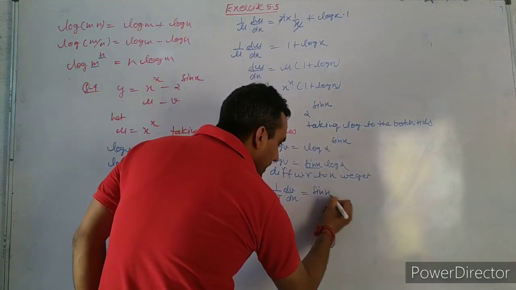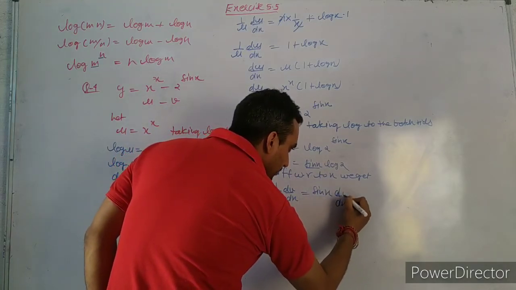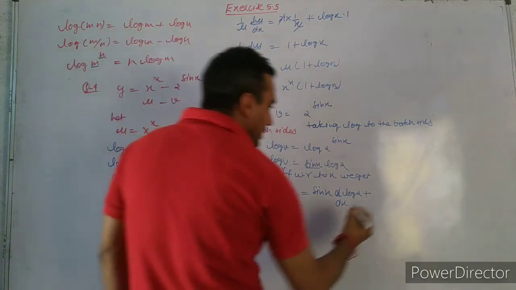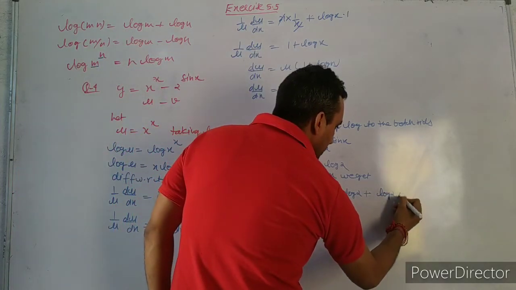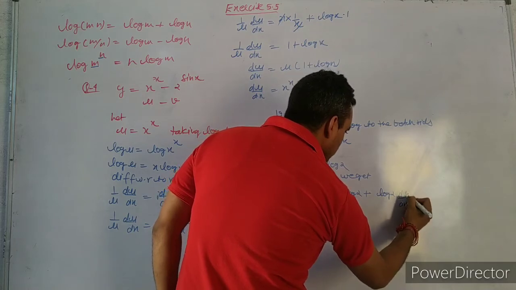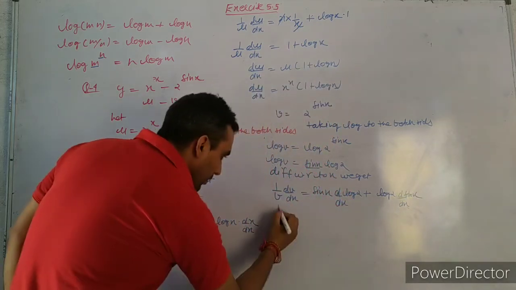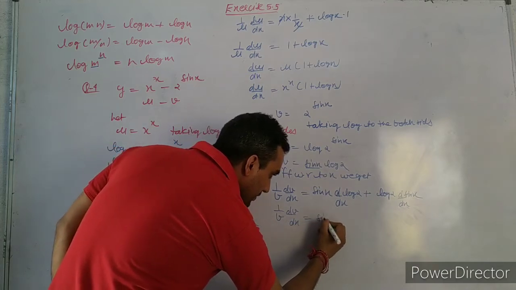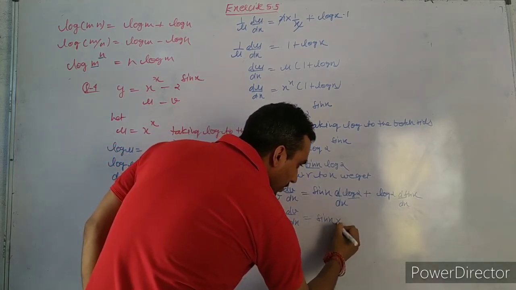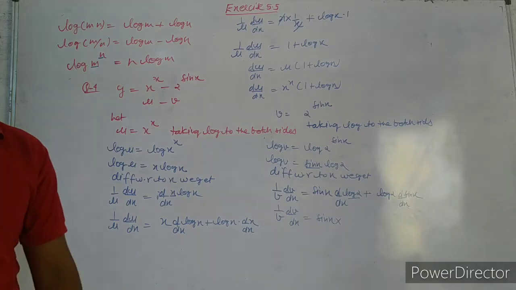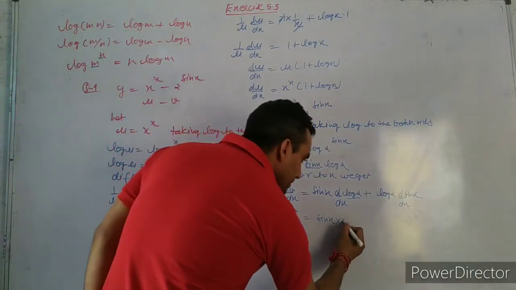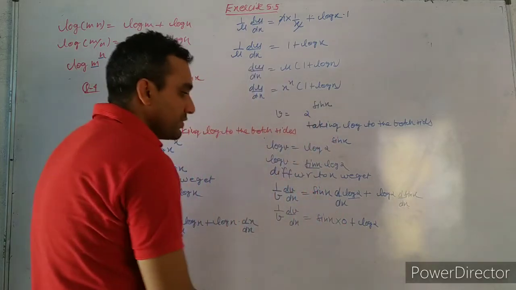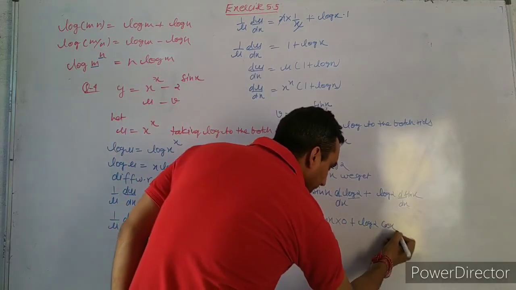Sin x will remain as it is, and the differential of log 2, plus in the next part log 2 remains as it is, and the differential of sin x. So 1 upon v dv upon dx is equal to sin x times the differential of log 2, which is a constant, and the differential of a constant is always 0, plus log 2 times sin x differentiated, and its differential is cos x.